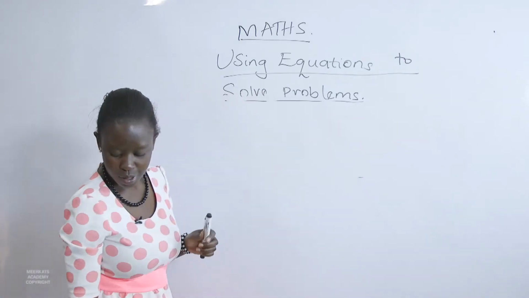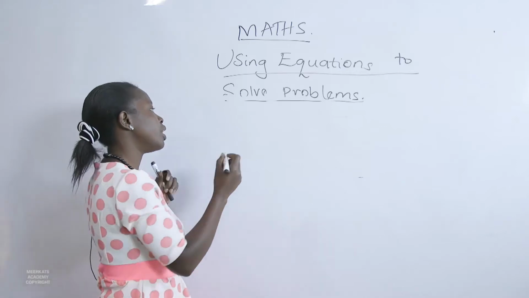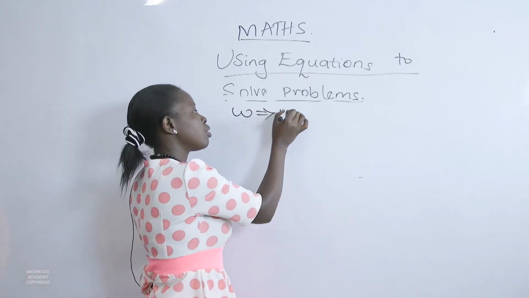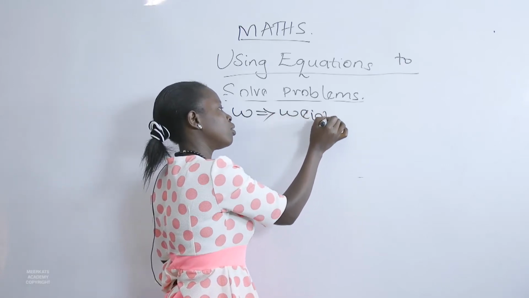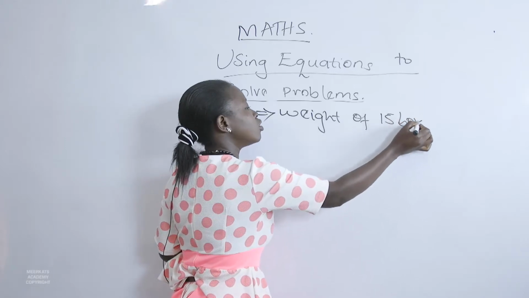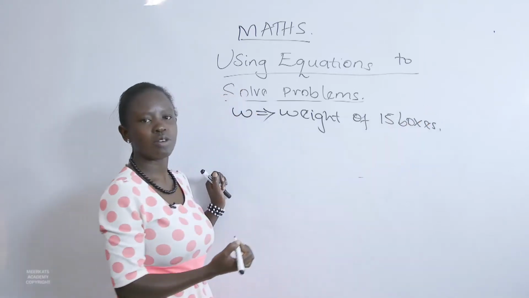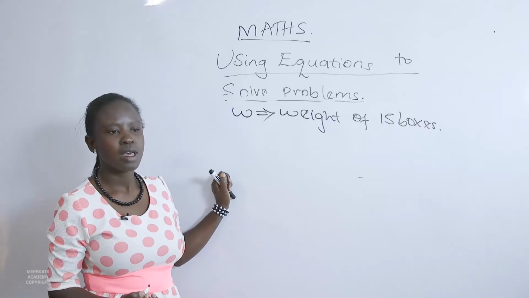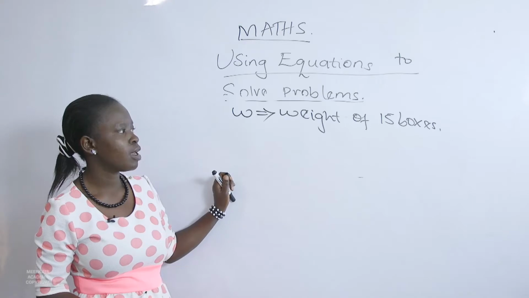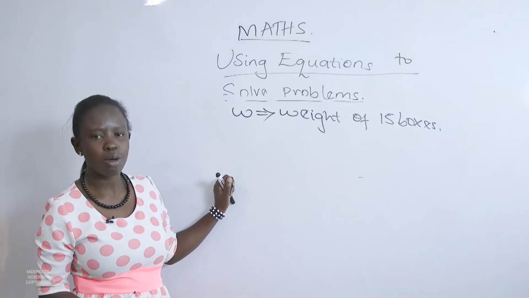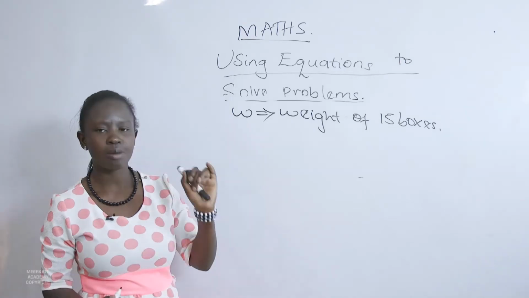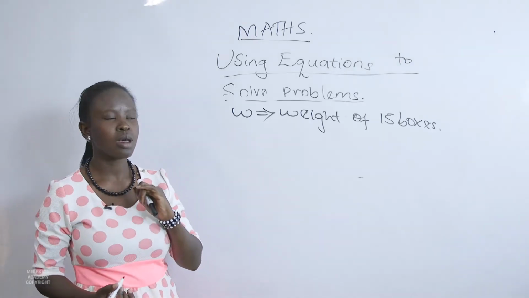I'm trying to change the definition of my pronumeral W, and I'm saying that W is representing the weight of 15 boxes. In our question, the weight of 15 boxes was 300 kilograms. W is representing the weight of the 15 boxes.